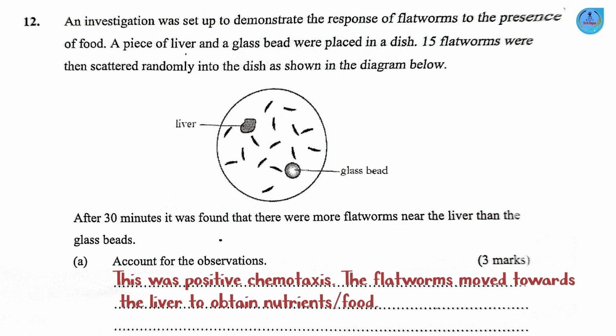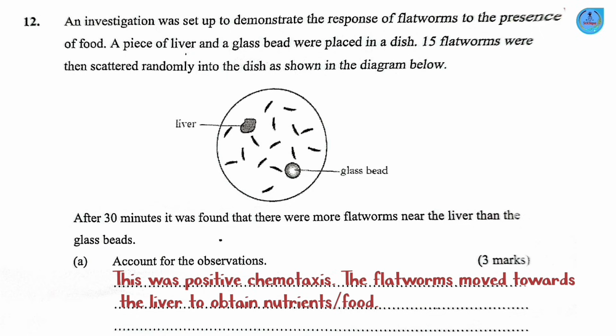This is the movement towards chemical substances. The liver contains proteins, carbohydrates, lipids, all of which are chemical in nature. Hence, the liver provides a chemical stimulus. So the flatworms moving towards where the liver is is positive chemotaxis.